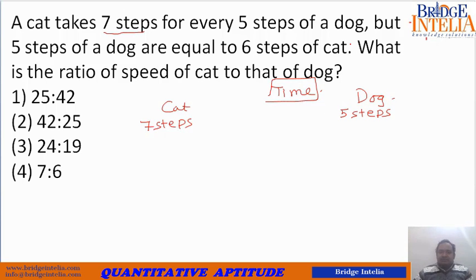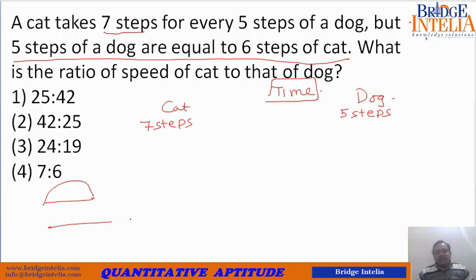What else? But 5 steps of a dog are equal to 6 steps of a cat. What is meant by this statement? So this basically means that in one step they are not covering the same distance. It is not necessary that a step means an equal amount of distance.